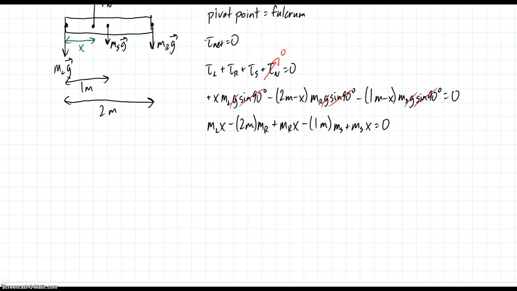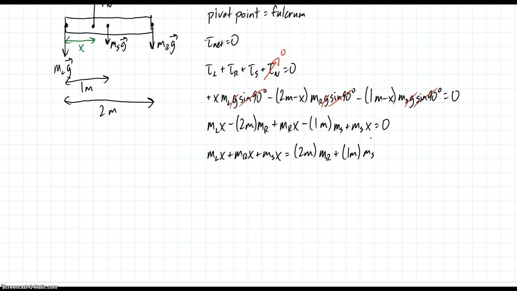We want all the terms with x on one side, all the terms without x on the other side. So we get m sub l times x plus m sub r times x plus m sub s times x equals 2 meters times m sub r plus 1 meter times m sub s.